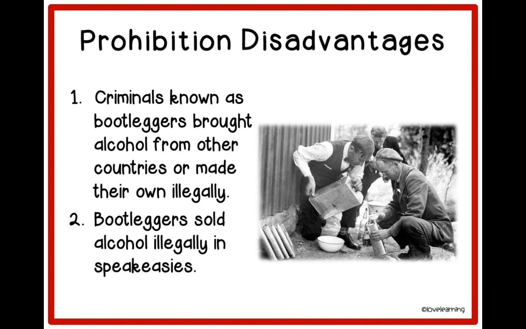Criminals known as bootleggers began bringing in alcohol from other countries, or they would even make it illegally. Most of us are residents of the state of Virginia. You can travel out into the western part of Virginia, and it's really common to hear stories about the origin of bootlegging happening for some part of the United States out in Western Virginia.